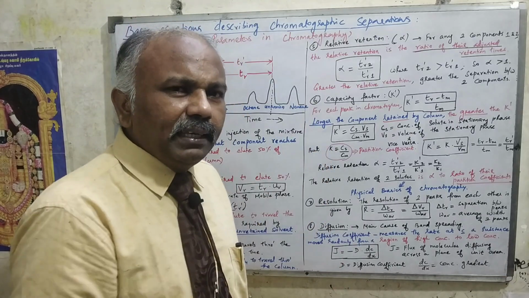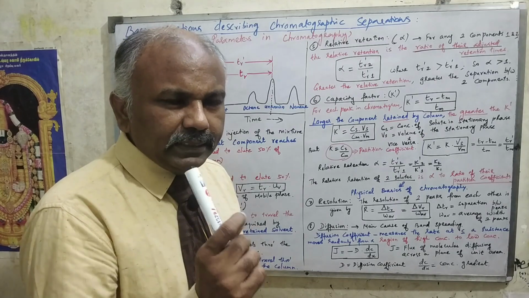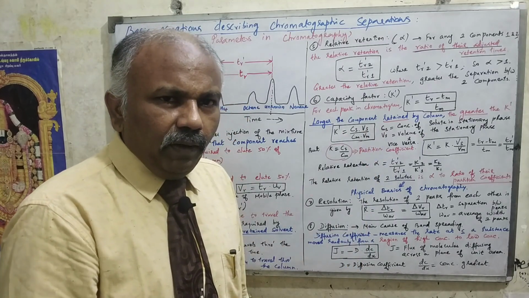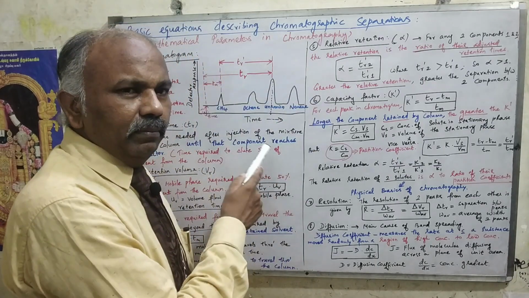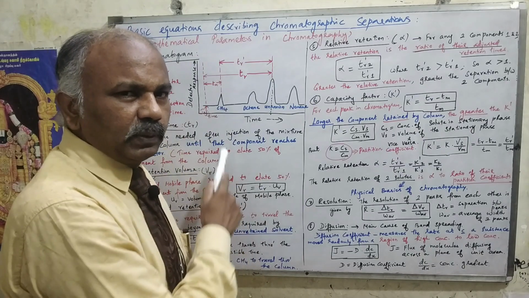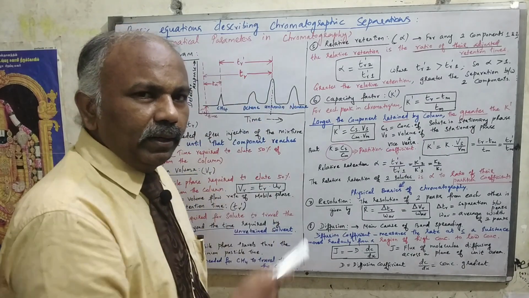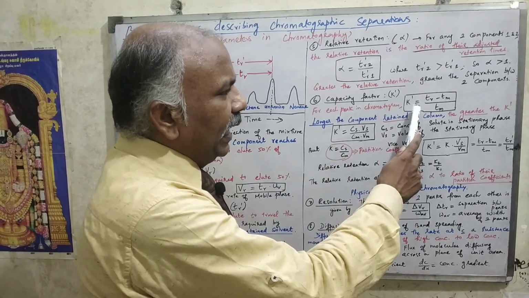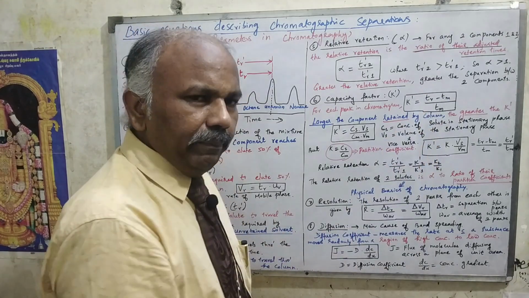Now coming to the sixth important mathematical parameter, called capacity factor. The capacity factor is given by the terminology K dash. This is a chromatogram of elution time versus detector response, and you are getting a peak here, here, here, and here. So for each peak in the chromatogram, K dash, the capacity factor, is equal to TR minus TM divided by TM.